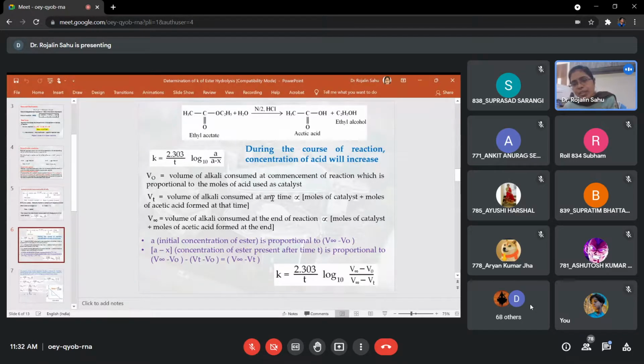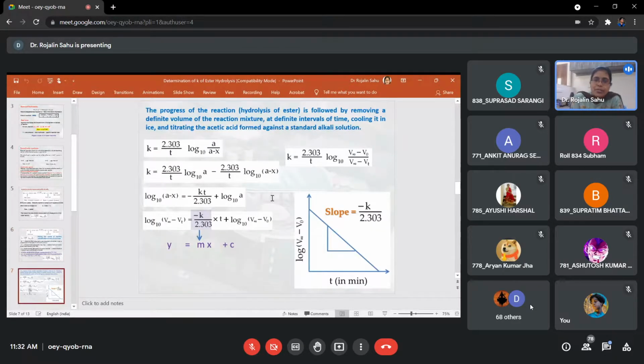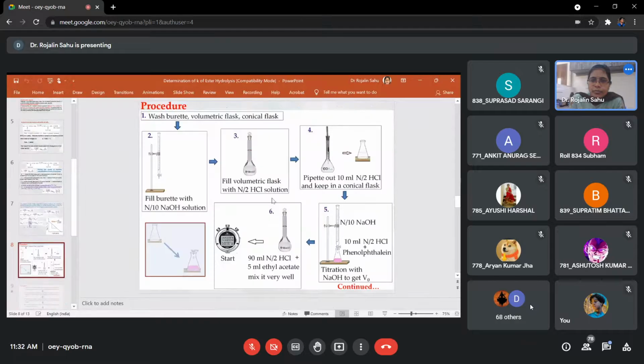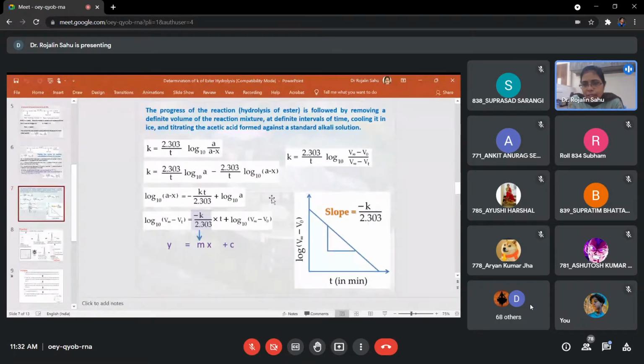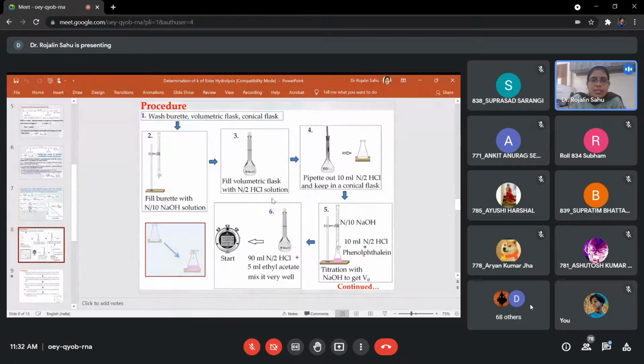So that is your V infinity. Do you understand now? In one place you are using cold water, in another place you are using hot water. Then you have to plot the graph and find the slope.